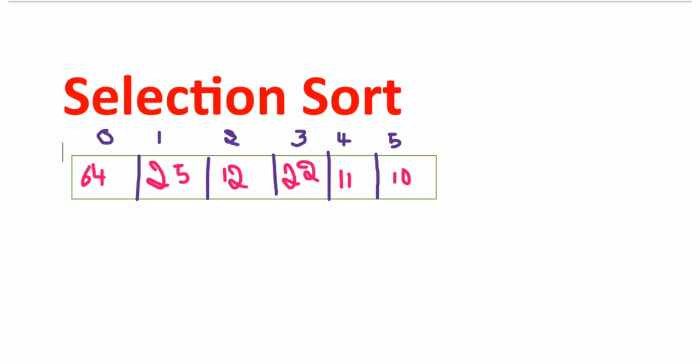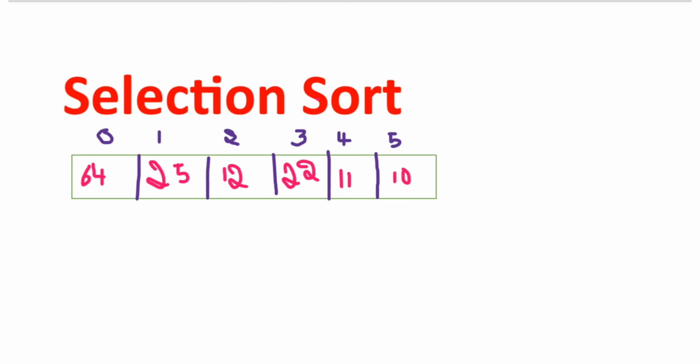I need to take one example: 64, 25, 12, 22, 11, 10. This is the list. First, we start from the element at index 0, the current element.